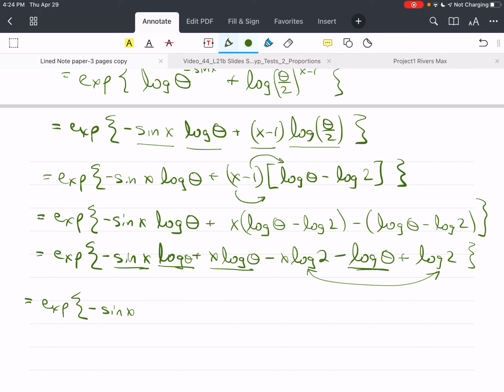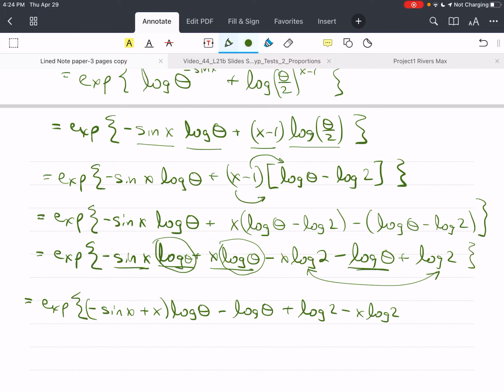Now notice that I have a log theta for both of these, so that can be factored out. And then I'd be left with negative sine x plus x, and this is times log theta. And then I have minus log theta plus log 2 minus x log 2.